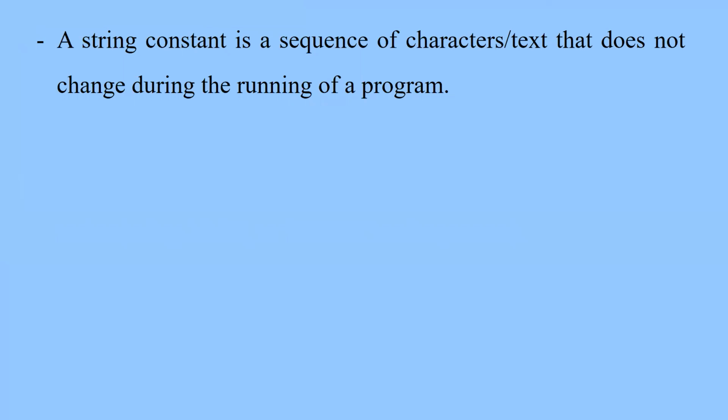The value remains the same. It does not change, but it is of type character, or it is just some text. Then that sequence of characters or text that does not change during the running of a program is called a string constant.